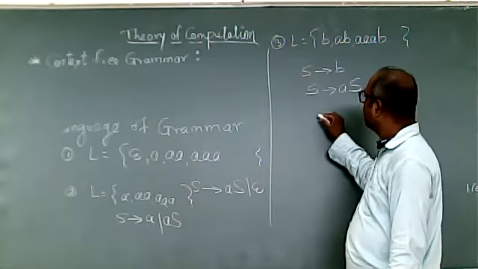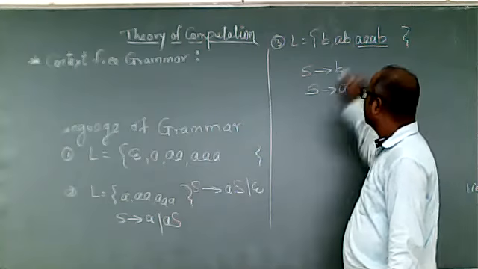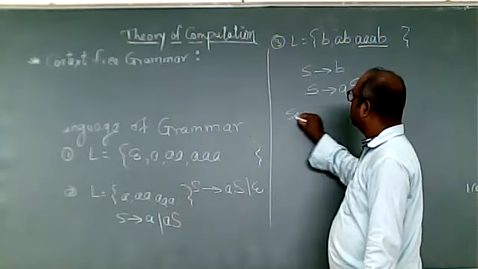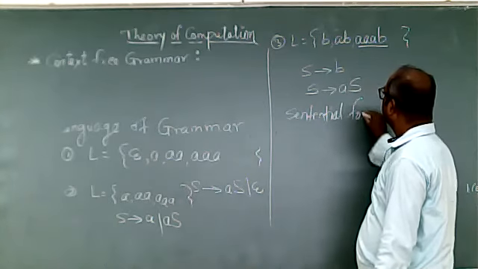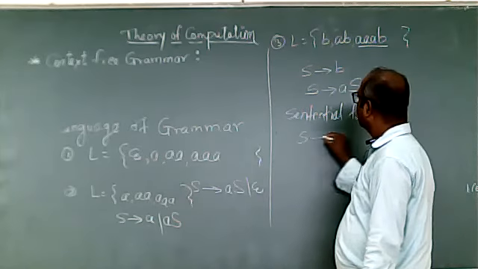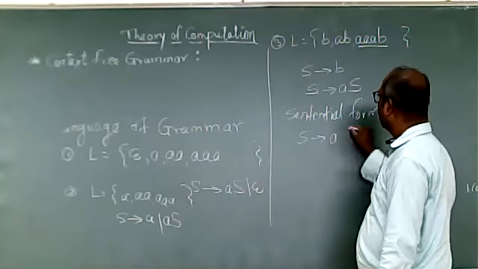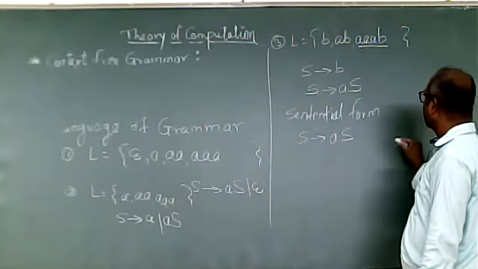For example, suppose I am generating this string. Using sentential form, I can write this. We'll start with the S. Now I want the first A, so I will replace it with AS. The first starting symbol, I will replace using this production.